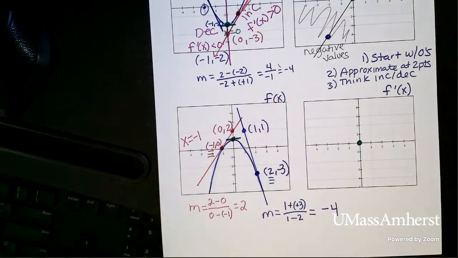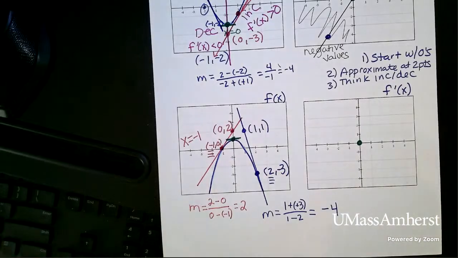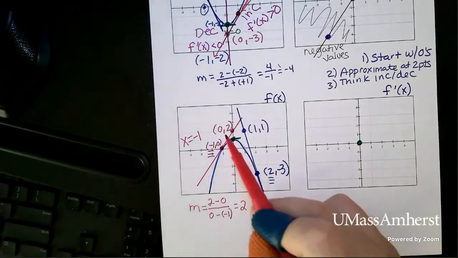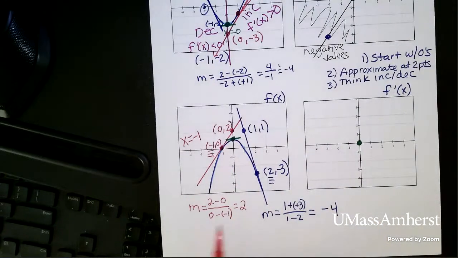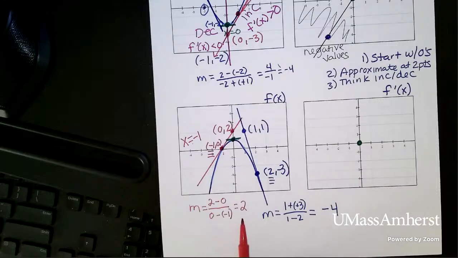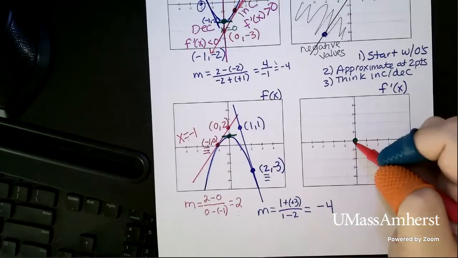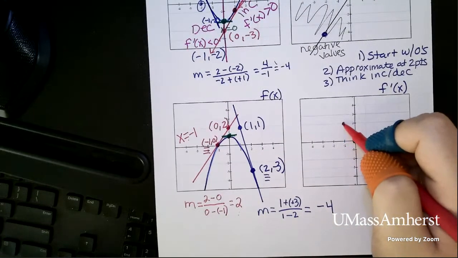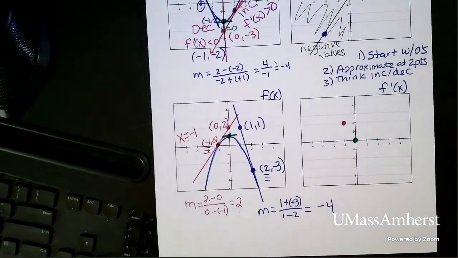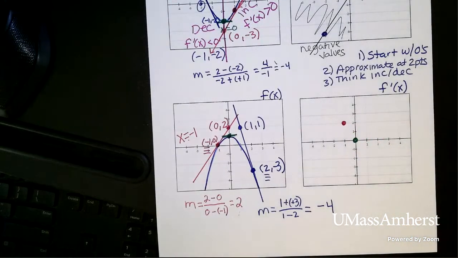Again, yours might be slightly different than mine, but they should be positive and in the realm of what I'm getting. So here, if I calculate the slope, the change in y over change in x, I get 2. So when x equals -1, the derivative is 2, because that's the slope of the tangent line at -1. So I go to -1, and I go up to +2, and I plot that point.